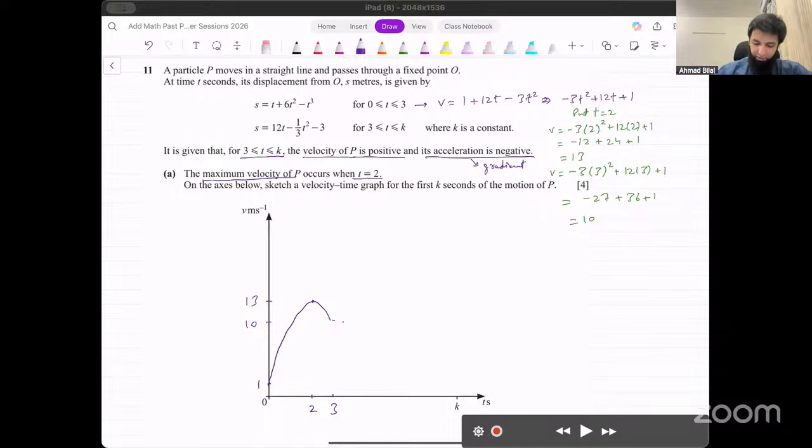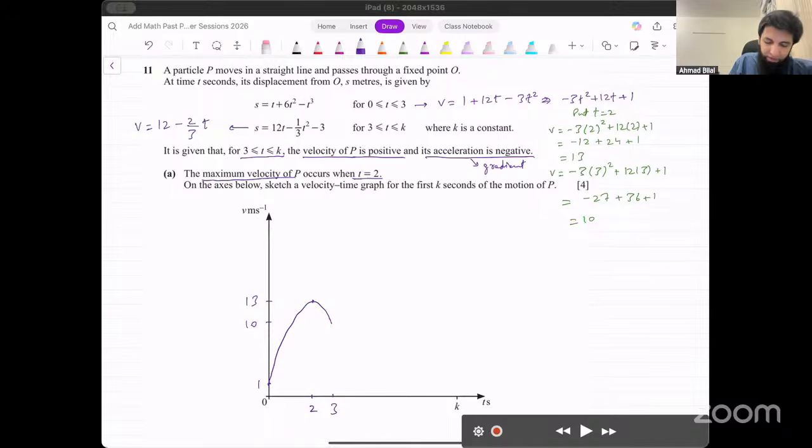Once you have drawn that quadratic part, what do we do next now? Draw this part now. This is going to be a straight line, right? Velocity function for this. Find the derivative. 12 minus 2 over 3 times t.